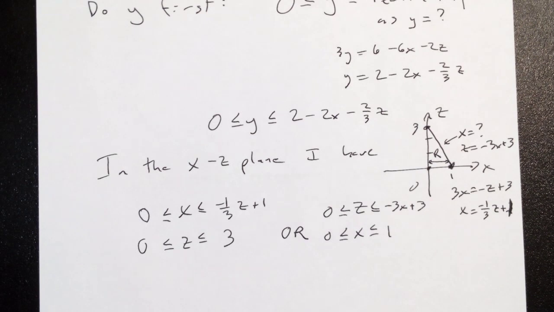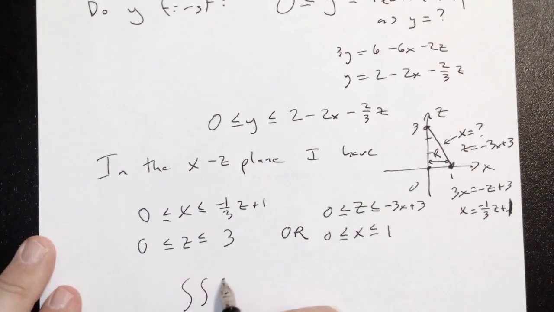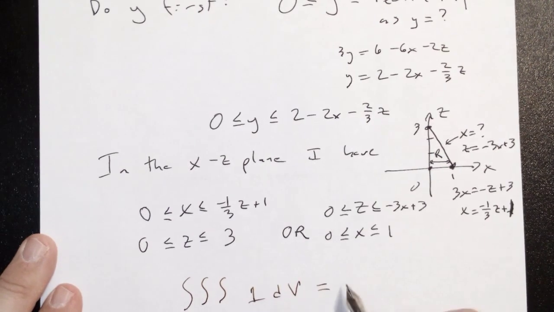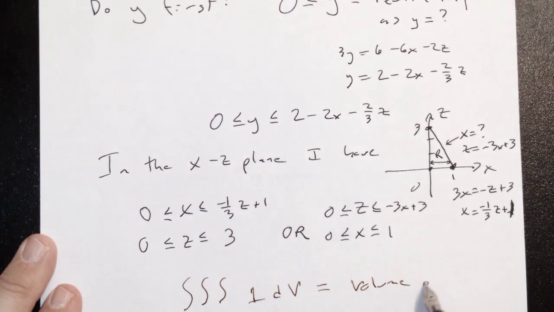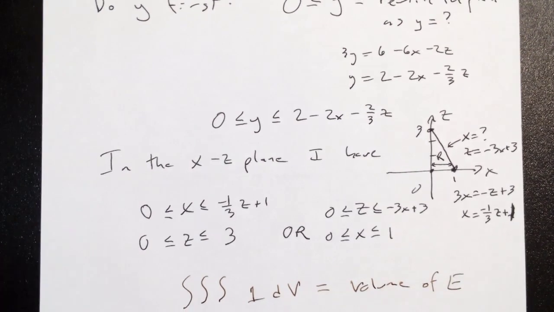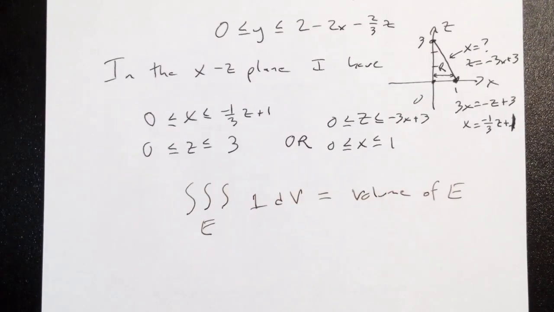By the way, the integral over E of 1 dV is the volume of E. Just like the integral of 1 gives us an area, the integral of 1 gives us a volume when I'm dealing with triple integrals.